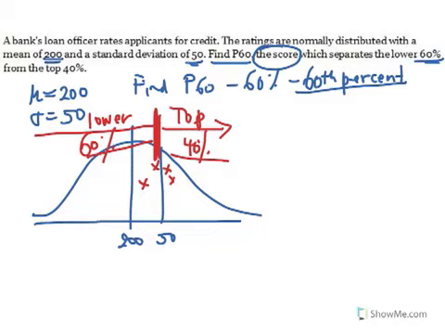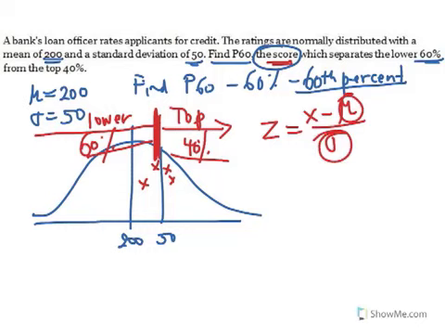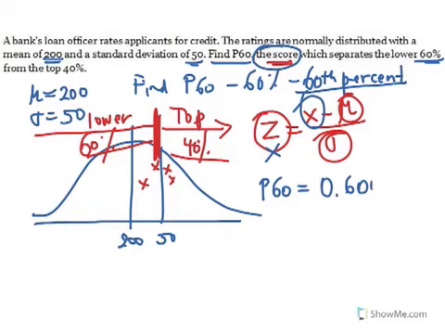Now the first thing we need to do here, since we don't have the z, and we really need to find the z in order to find that score, because z equals x minus mu over standard deviation. We have mu, we have standard deviation, we don't have z, and we really need to find x. So we need to find z right now. With 60%, we know that P60 will be an area of 0.6000.